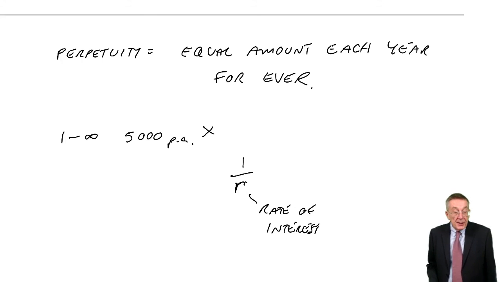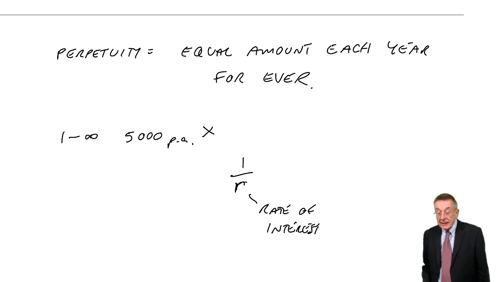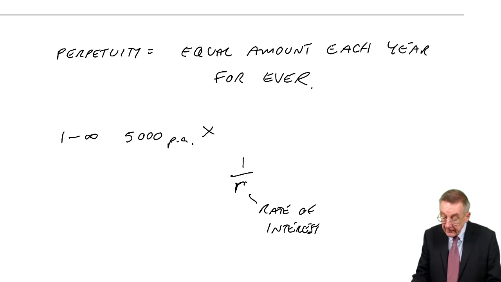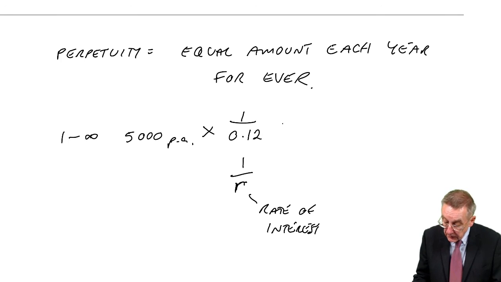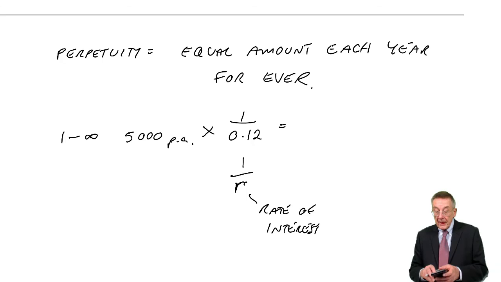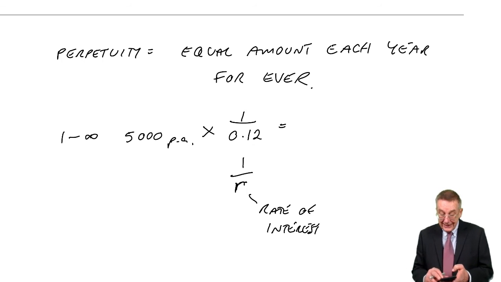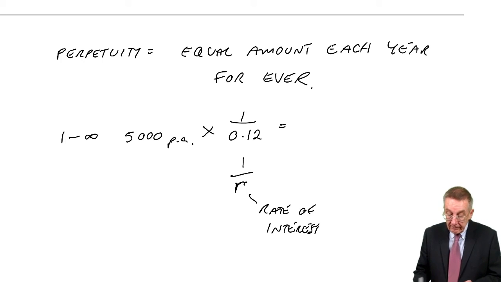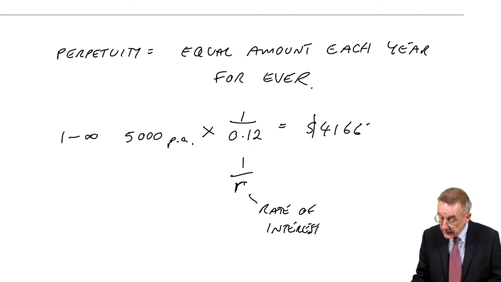And so in this case, the interest rate is 12%, or 0.12. We multiply by 1 over R, 1 over 0.12, which gives us, oh dear, I wish I'd chosen a nicer rate, 41,667.